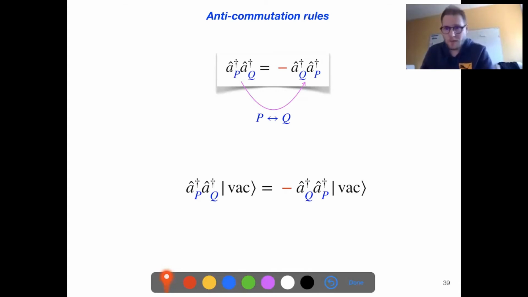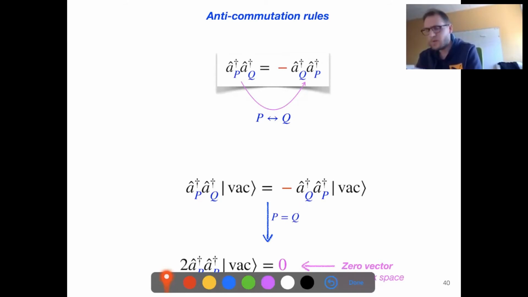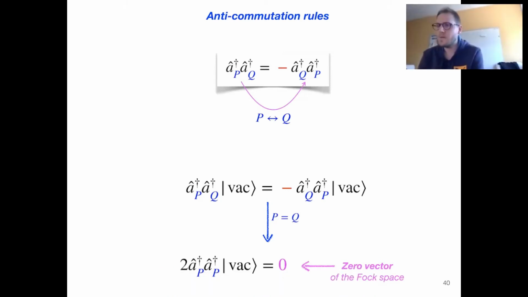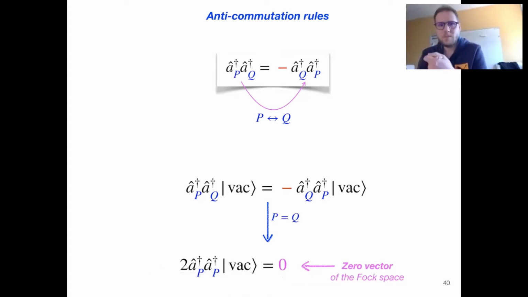And this is super important because one of the consequences is that if you consider the particular case where the two spin orbitals are identical, so P is equal to Q, you can take this term and move it to the left-hand side. This is what is at the bottom of the slide: you start from the vacuum, you create an electron, put it in spin orbital P, and then you do exactly the same.